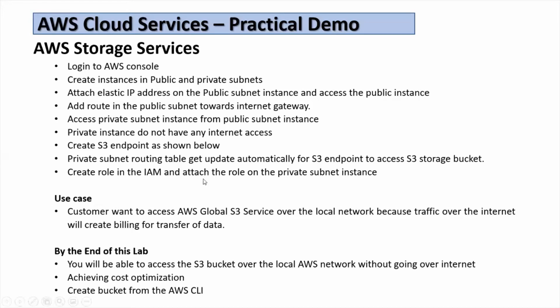By the end of this lab, you will be able to access the S3 bucket over the local AWS network without going over the internet, and we are achieving cost optimization. We will also see how to create a bucket from AWS CLI. So let's move forward to our AWS console, and let's see the S3 storage bucket and creation of the endpoint.